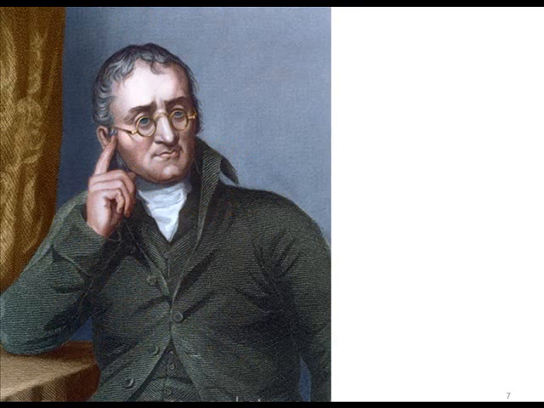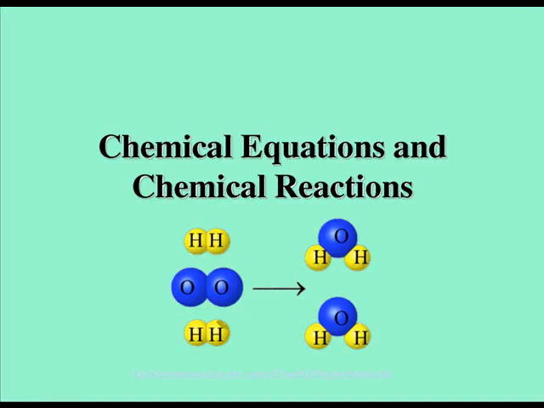Now, John Dalton, who's considered the father of modern chemistry, really suggested what went on during a chemical reaction. As he postulated in the mid-1800s, if you took hydrogen gas, which is really two hydrogens connected to make a molecule of hydrogen gas, and if you took oxygen gas, which is two oxygen atoms covalently bonded together, what happened is the hydrogen gas molecules and the oxygen gas molecules fell apart.